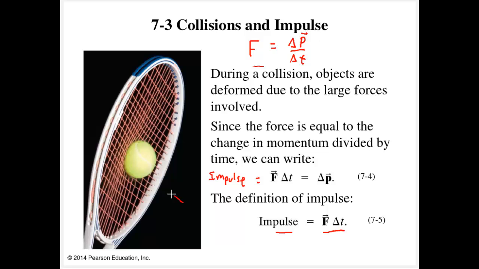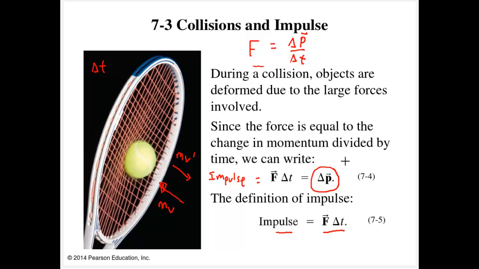For example, in the case of this ball right here, if I happen to know the mass and velocity of the ball entering the tennis racket, and I know the mass and velocity of the ball leaving the tennis racket, and due to high-speed video I know how long it was in contact, I can solve for my impulse using the change in momentum.